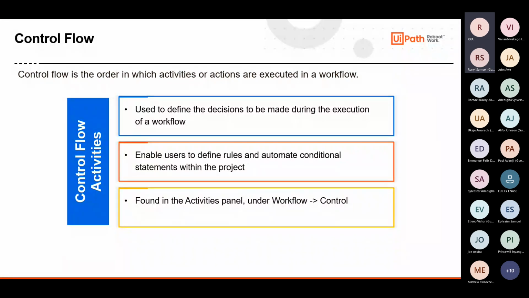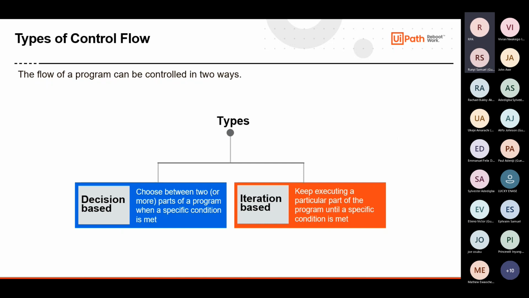We can find this under the workflow control part of the activities panel. Now we have two types of control flow: the decision-based and the iteration-based. When we talk about decision, it's about checking some conditions and using that to take a decision.